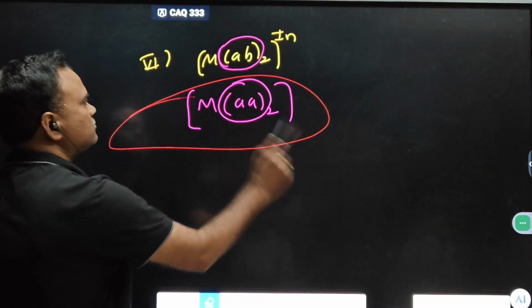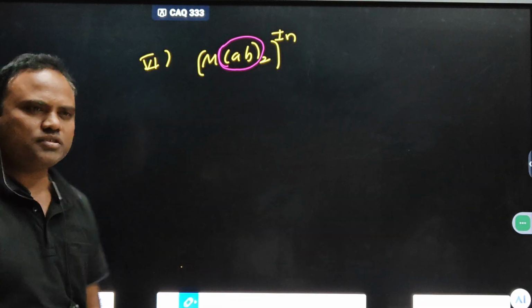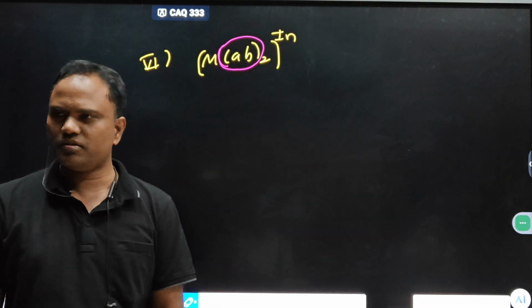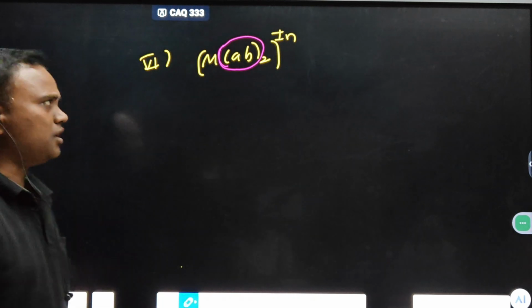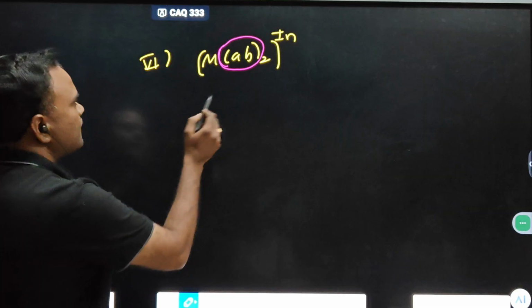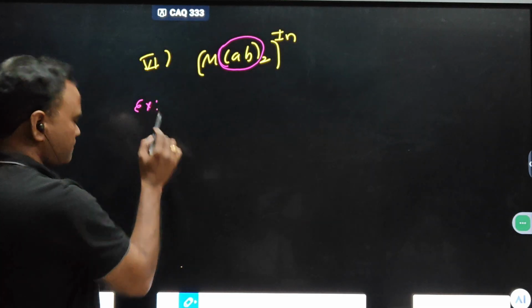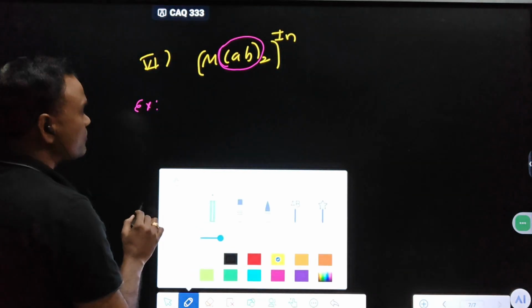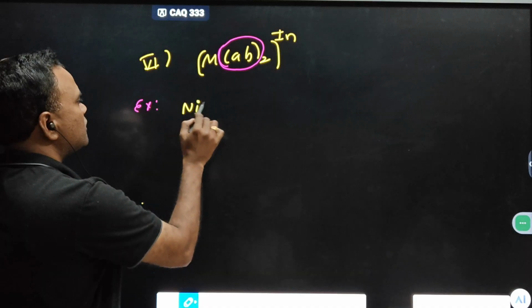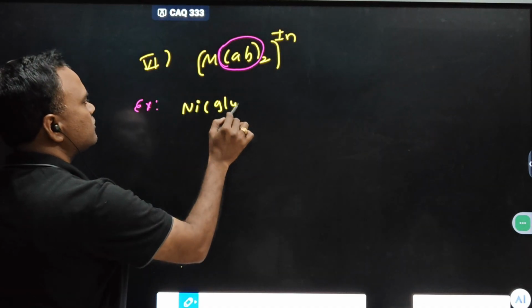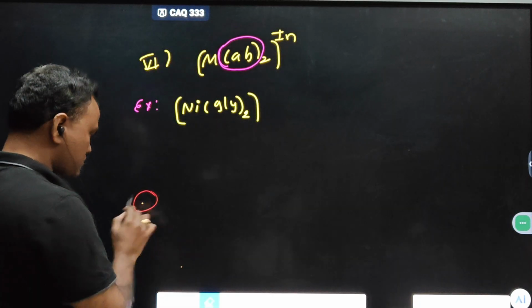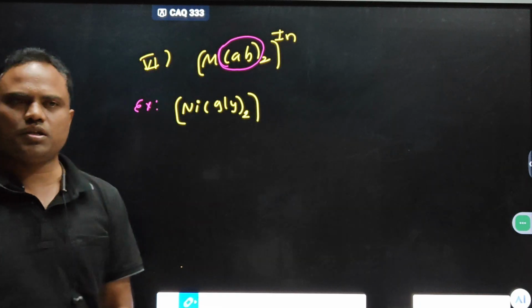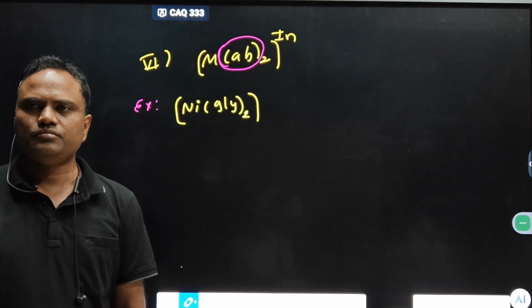Now you realize that the ligands list is very important, correct? For every concept we are using the ligands classifications. Example, nickel GL taken twice.